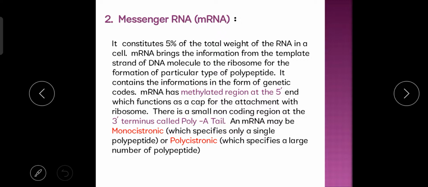So what is the importance of this messenger RNA? Here, see, the messenger RNA contains the information in the form of genetic codes. The messenger RNA contains all the information that is present in the DNA molecule in the form of these genetic codes.